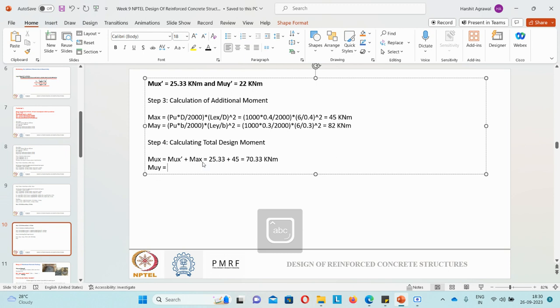And MUY will be MUY dash, that is due to external, and MAY due to internal eccentricity. So it is 22 plus 82. Just let me check this calculation once. Is it 82 or something else?